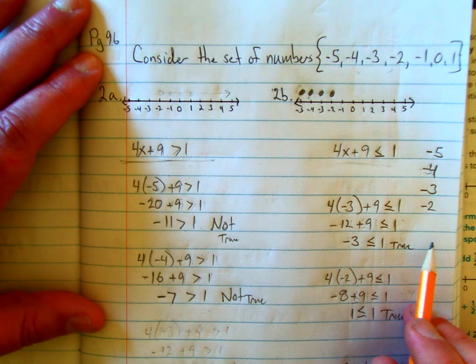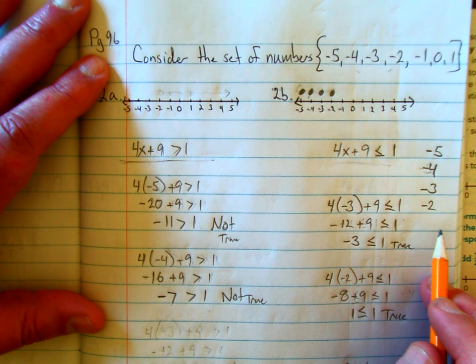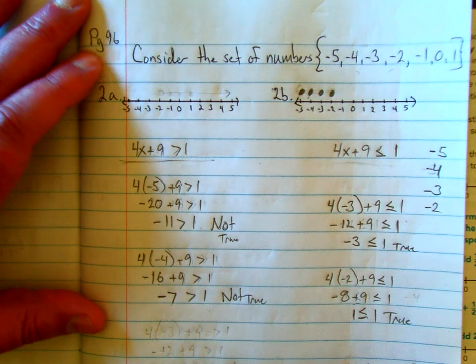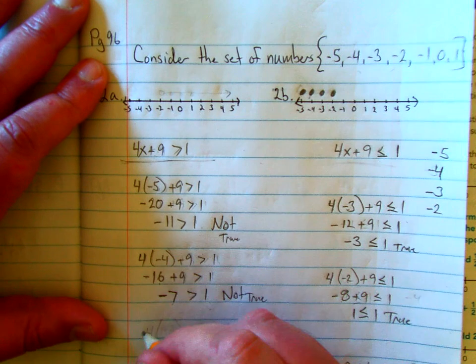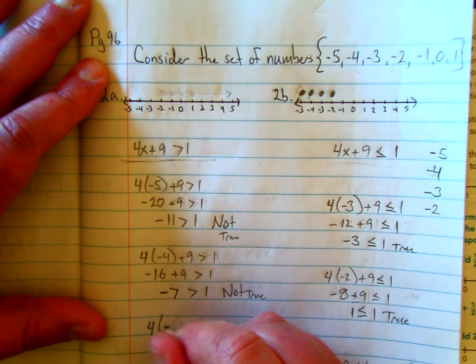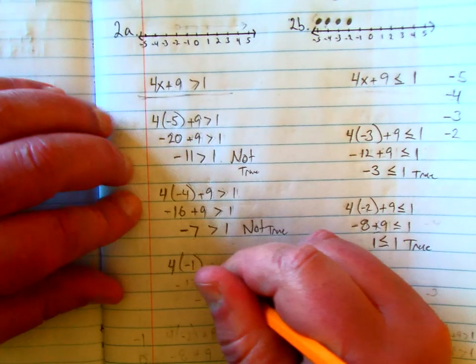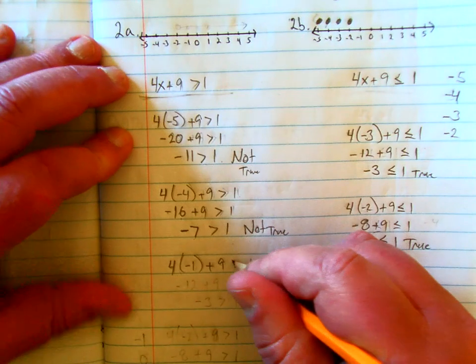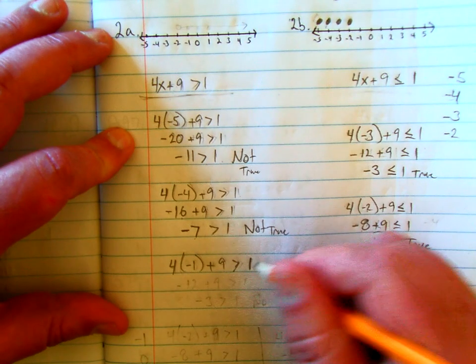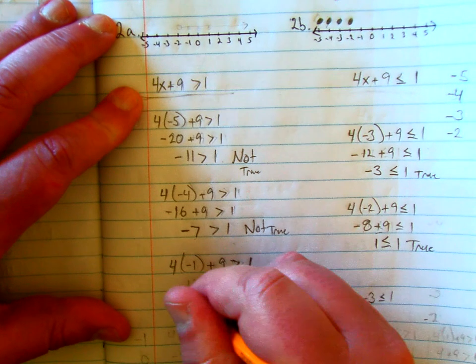Let's take a look at negative 1. I'll come back over to this side. 4 times negative 1 plus 9, is that really greater than 1? Positive times negative is negative. 4 times 1 is 4.